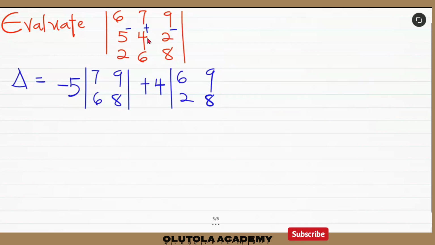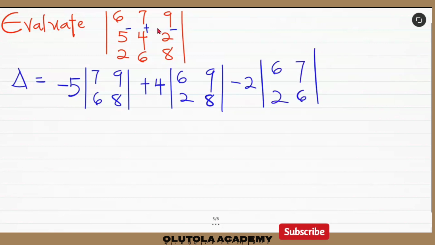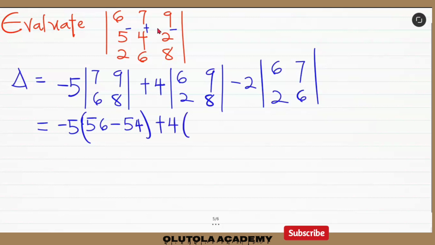Going on, I'm going to have negative 2, then I'll close up this, I'll close up this. So that will be 6, 7, 2, 6. So that will give us negative 5 into 56, 56 minus 54, and positive 4, 48.